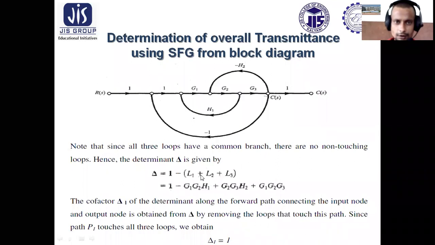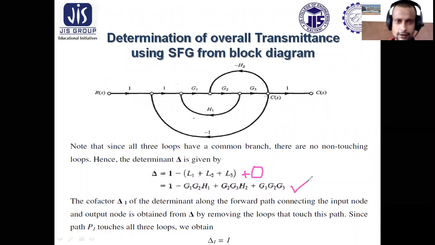Now del equals what? Del equals 1 minus the sum of individual loop gains plus the sum of products of pairs of non-touching loop gains. All these three loops, as you can see, are touching each other at some node. That is why the term for the product of pairs of non-touching loops will become 0.